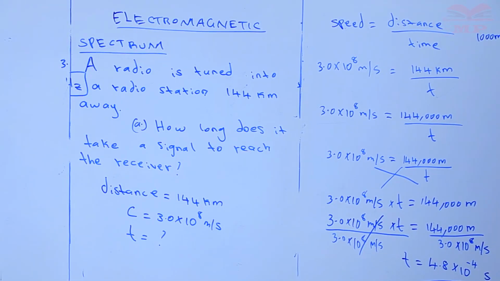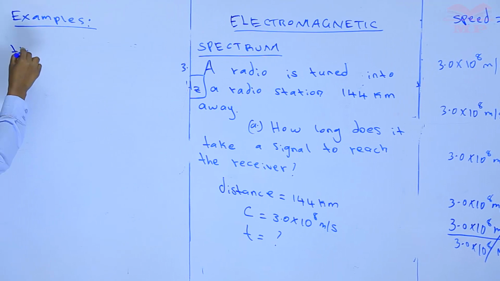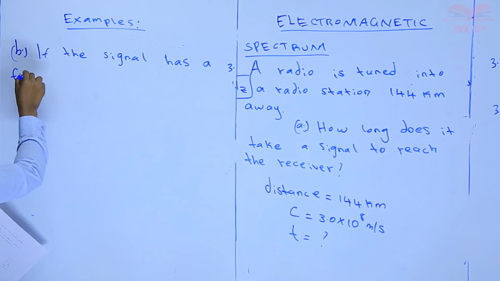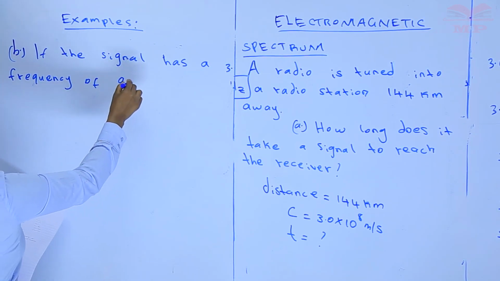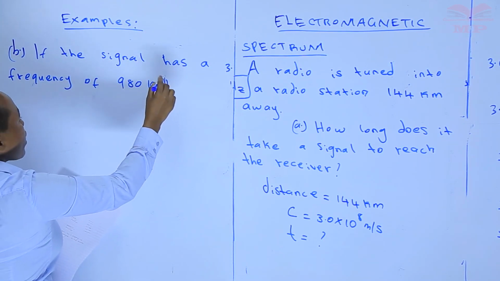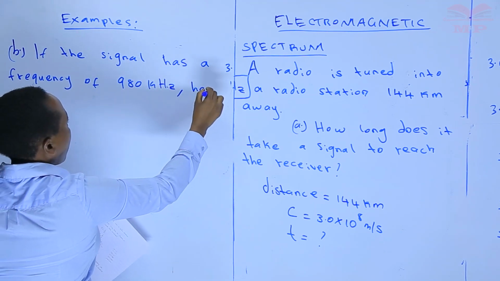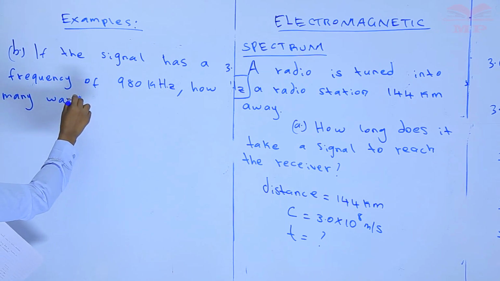Now part B of the question. We are told that if the signal has a frequency of 980 kilohertz, how many wavelengths?